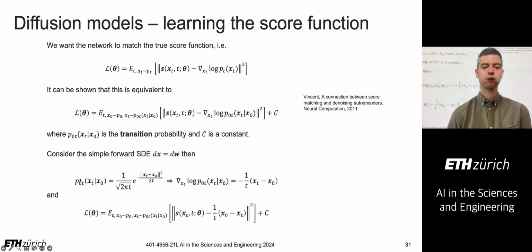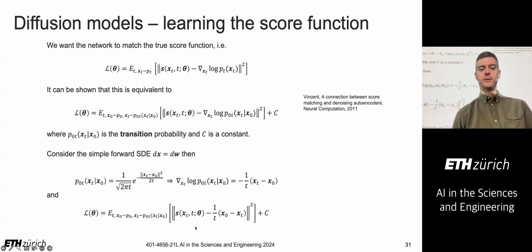And so then if we plug this transition probability into our loss function, the loss now is just an expectation of the output of the score network, and we want to try and match it to 1/t times (x0 minus xt). So we're going to average this difference over all times, all possible initial random images, and then over all paths that that image takes, so all xt images.